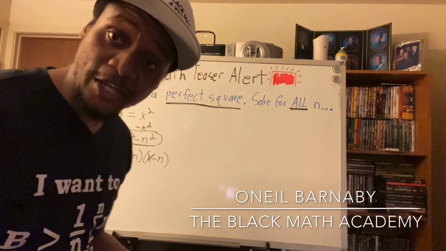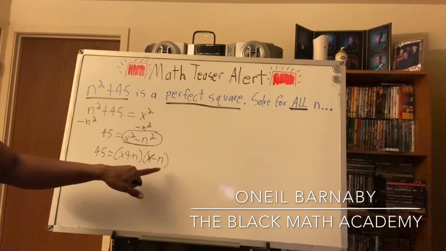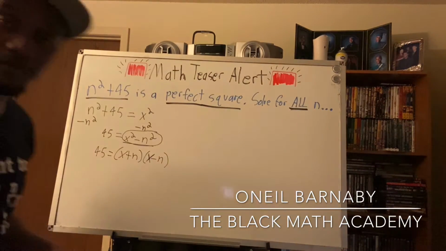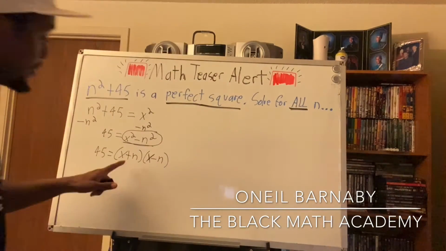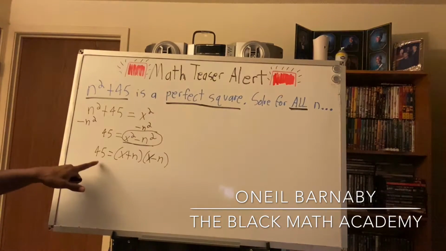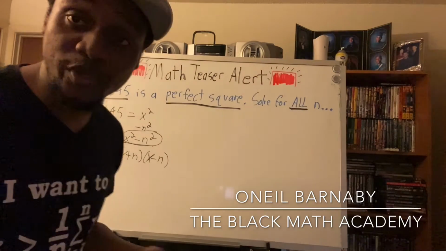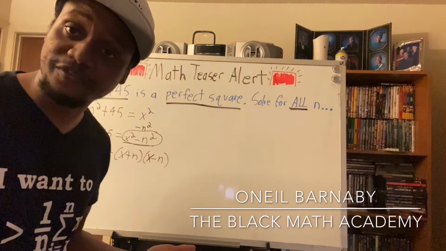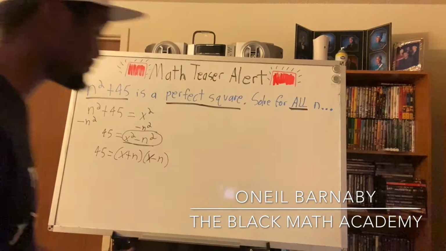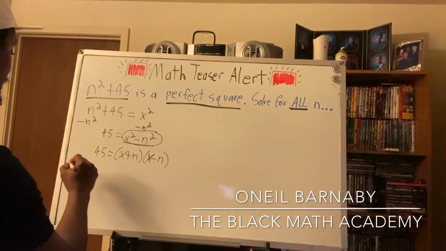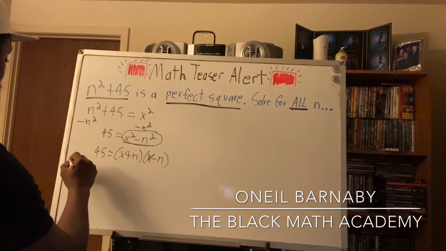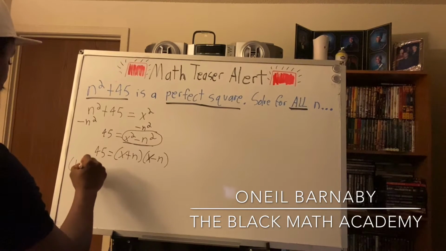Well, that part is helpful because what they're basically saying is that these two values in parentheses are just factors. Something times something is 45. So what we can do is just list the factors of 45. Actually, there aren't that many. Let me show you. Two numbers that multiply to 45 could be 1 times 45.